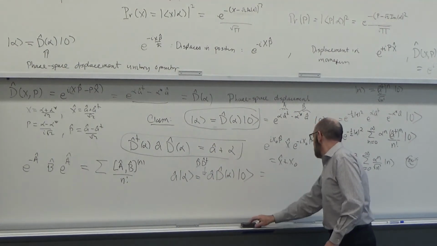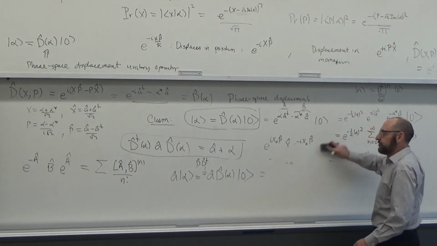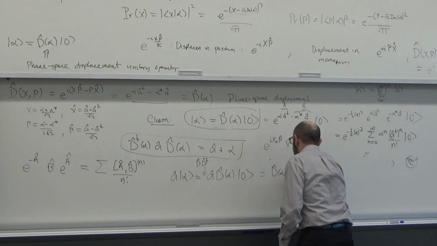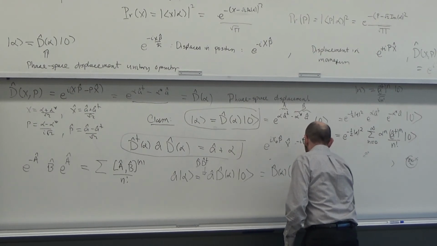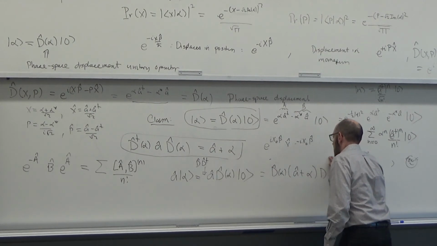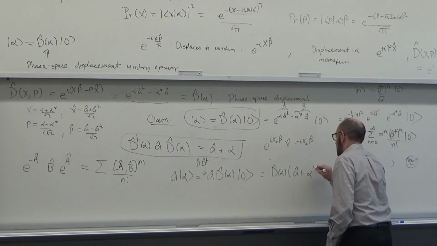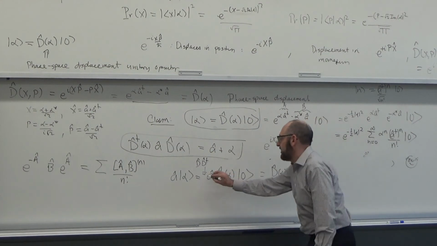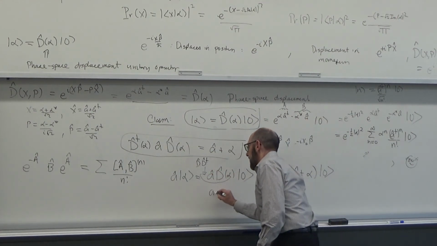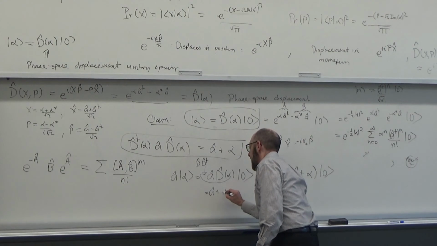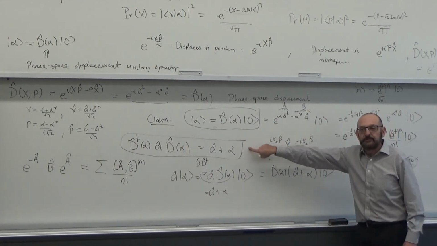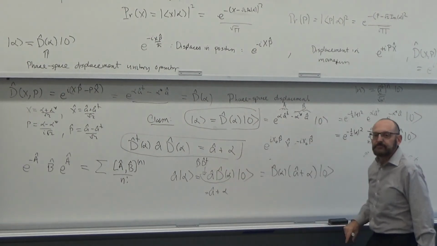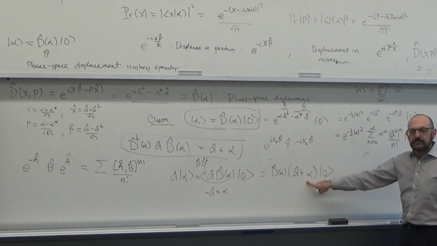So this is equal to D times A plus alpha on the vacuum, because D dagger A D is A plus alpha. That's what we just wrote. So I stuck that in.